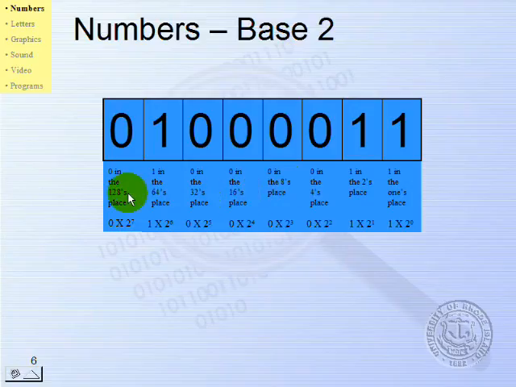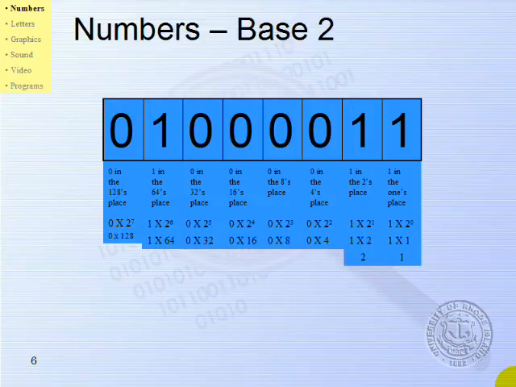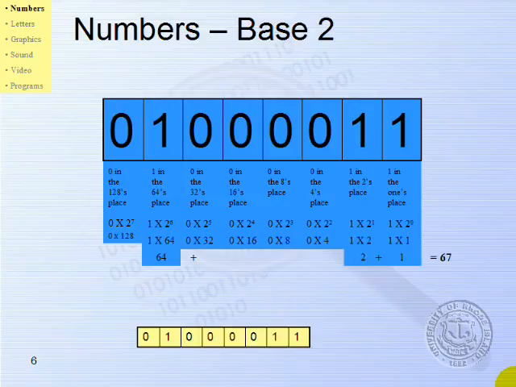We're doubling as we go along. And we look for the ones. We see that there's a 1 in the 64s place, a 1 in the twos place, a 1 in the ones place. So 1 times 1, 1 times 2, 0 times 4, 8, 16, 32, a 1 times 64, 0 times 128. That's a 1, a 2, a 64, that's why the byte represents a 67.